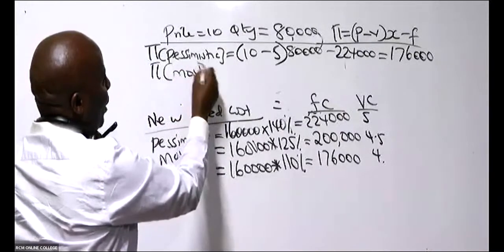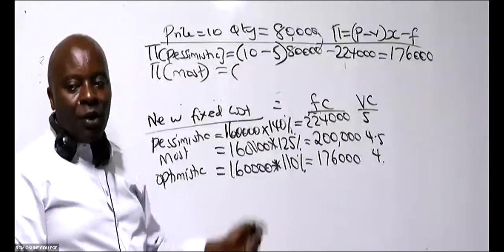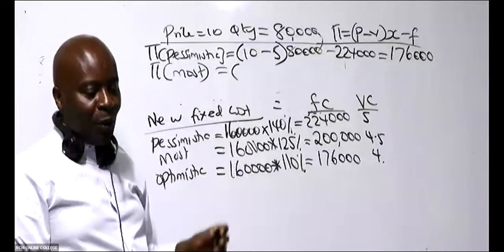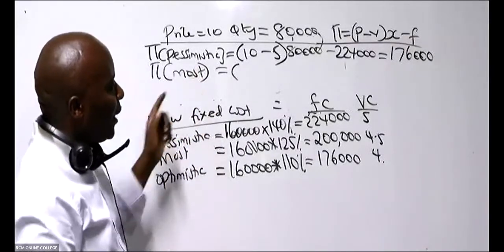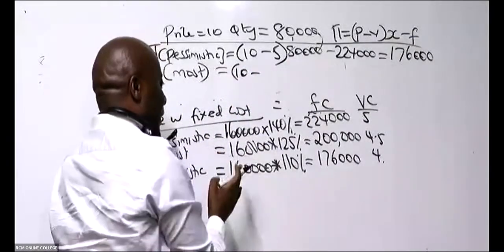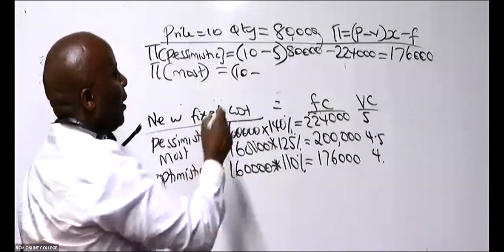So go ahead and give us the profit under the most likely case. Now you are following this format. Do we know the selling price? It is 10 minus the variable cost under most likely, which is 4.5.